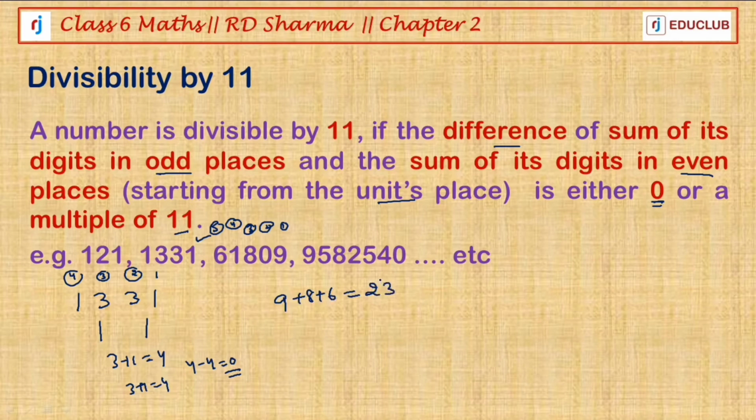Sum of the odd places is 23. Now the sum of the even places, places 2 and 4: 0 plus 1 is equal to 1. Now 23 minus 1 is equal to 22. We know 22 is divisible by 11; we get 2 as the quotient and remainder 0. So if the difference is either 0 or 11, then that number is divisible by 11. This is divisibility by 11.